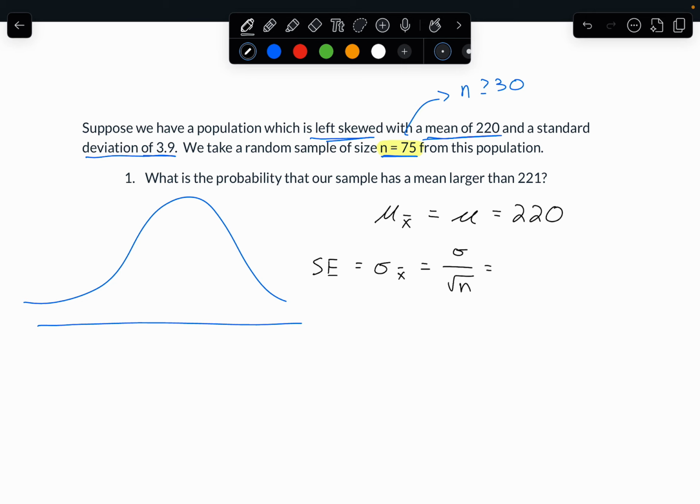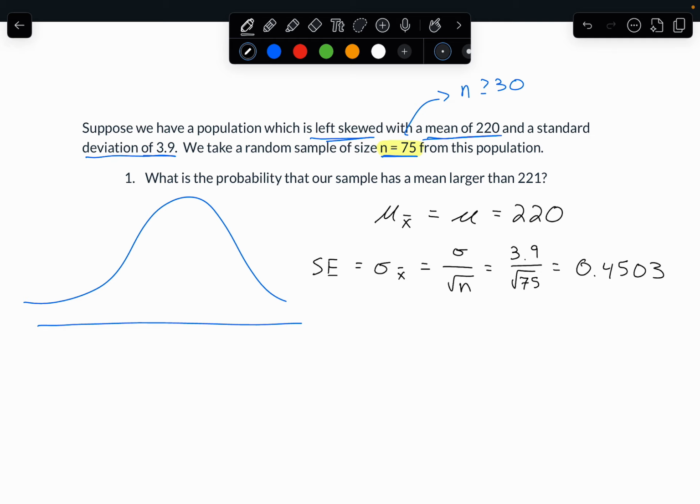So our population standard deviation is 3.9 divided by, in this case, the square root of 75. So if I divide this out, 3.9 divided by the square root of 75, I end up with 0.4503. I'm going to be extra careful and just add on 4 decimal places here.